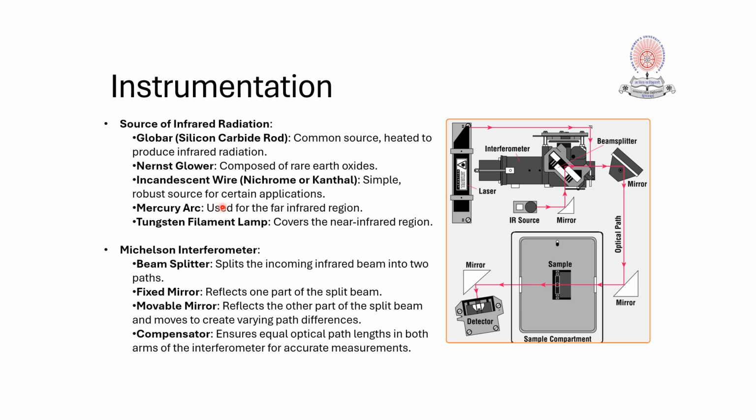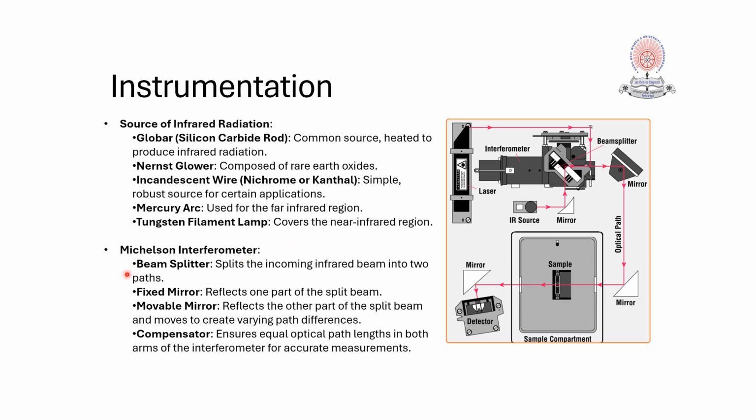There are different types of infrared light. According to the range of the infrared light, a source of the radiation is chosen. For example, the mercury arc lamp is used for far infrared region, and tungsten filament is used if there is a requirement for light from near infrared region.